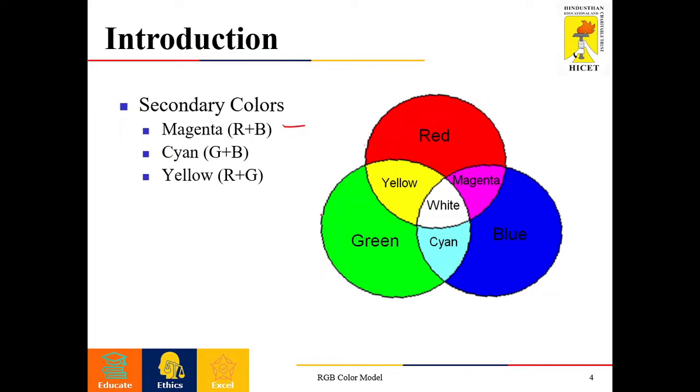The combination of all the primary colors will produce white, that is R plus G plus B equals W, white. Similarly, the combination of all the secondary colors will produce black.